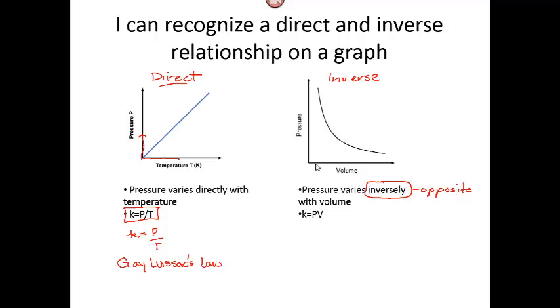As you can see here, as you increase your volume, as you move right on the x-axis, your pressure is coming down. This is an inverse relationship. The mathematical equation that represents this relationship is a constant number k, which equals P times V. This is called Boyle's law.